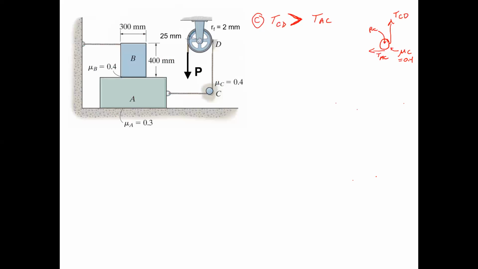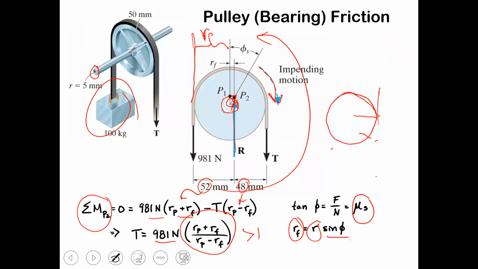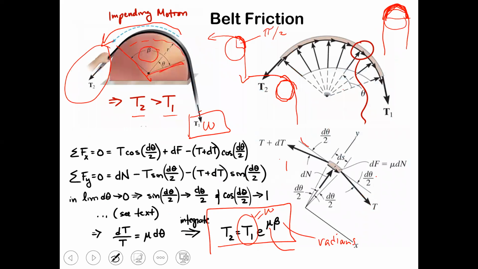And so we set it up using that formula on our sheet, which is, once you figure out which force is bigger, T2 is the larger one, then you can use this formula. If it turned out that T1 was the larger one, you have to invert the formula, so it becomes e to the minus mu beta, right?